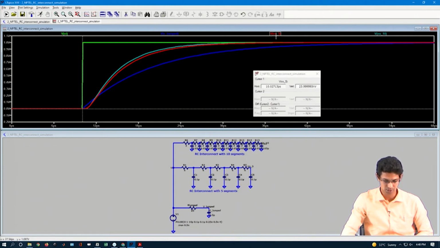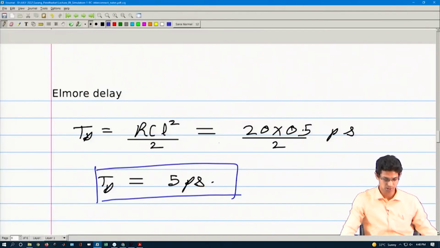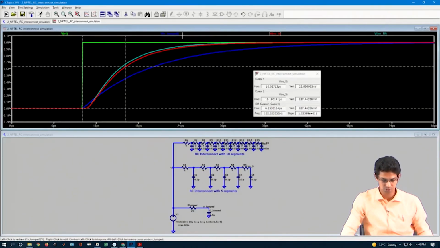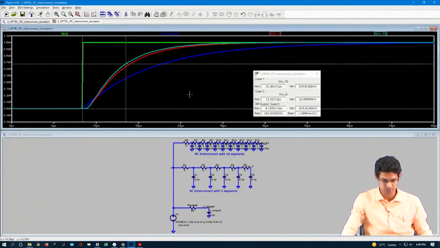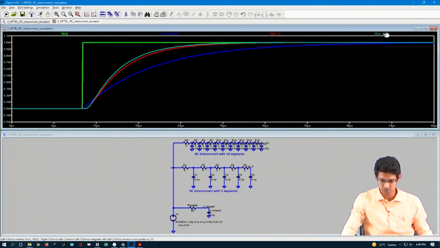So my starting value was 10 and my second cursor is 0.637, yeah. So, here I am getting something around 6 picoseconds. Theoretically, I should be getting 5 picoseconds. If I now check it for 10 segments, let me close this.